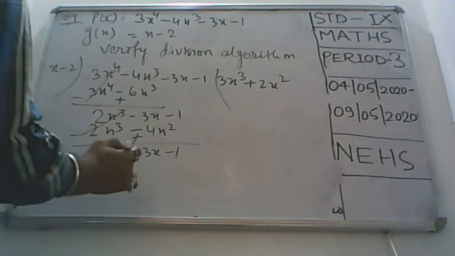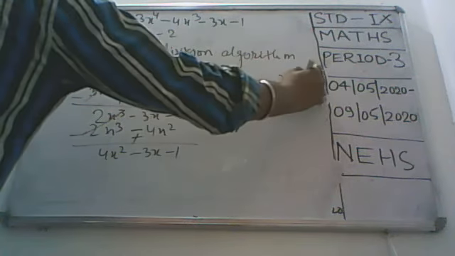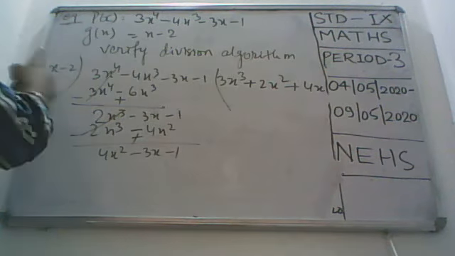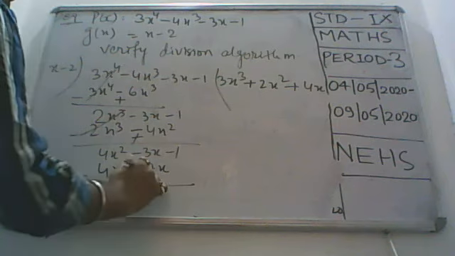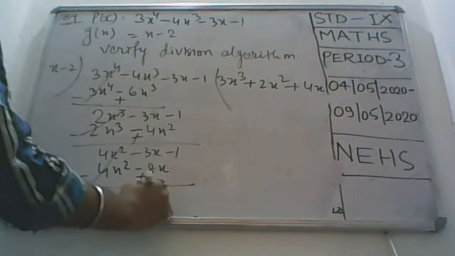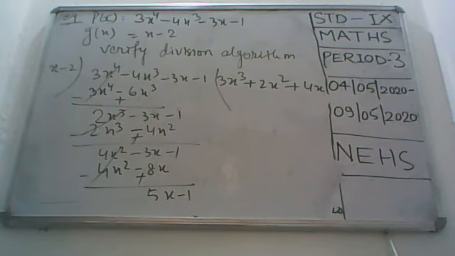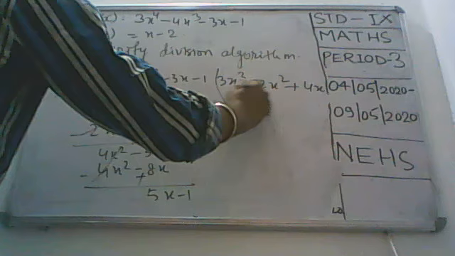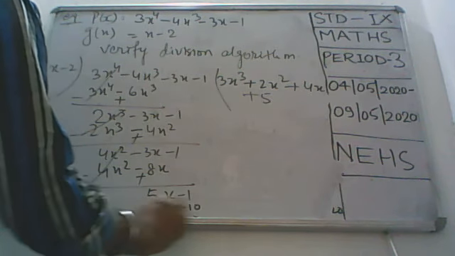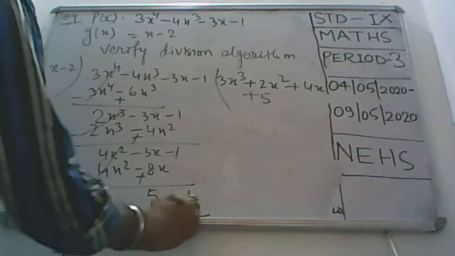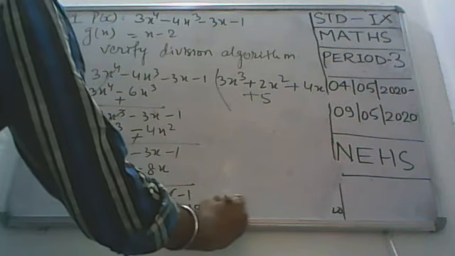Now 4x square, that means there will be 4x here, so it will become 4x square minus 8x. Minus plus, 8x minus 3x is 5x minus 1. Then this time only plus 5, so this will become 5x minus 10. Minus plus, so that will become 9.